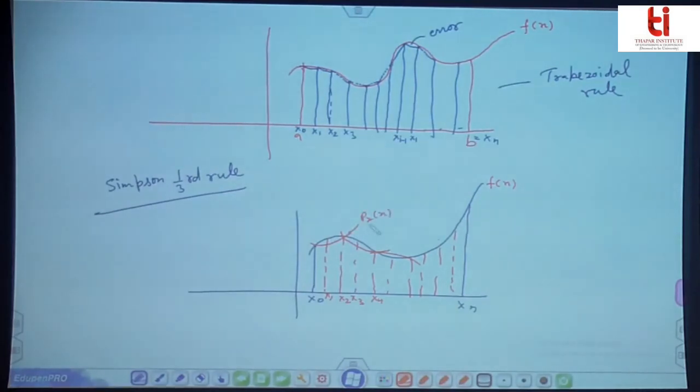Whenever we are applying the Simpson 1/3 rule, we are taking 3 points together, x0, x1, x2 and then x2, x3, x4. So n should be even, otherwise one of the points will remain left, so the area will not be covered completely. Whenever we are dividing the whole interval a to b into subintervals, the number n should be even. Suppose n equal to 4.